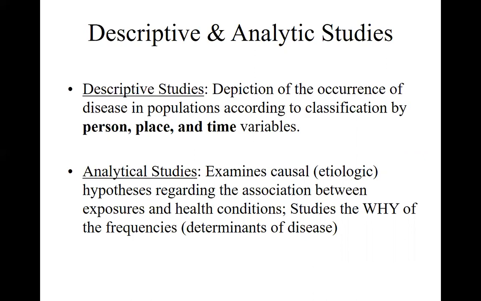So in the map, he was mapping the cases by place and time variables. Then by linking it to the pump and realizing that the pump had been changed to a different water source, he was able to get to the why, or the cause. So the analytical aspect is actually examining the causal hypothesis regarding the association between the exposure and health condition.